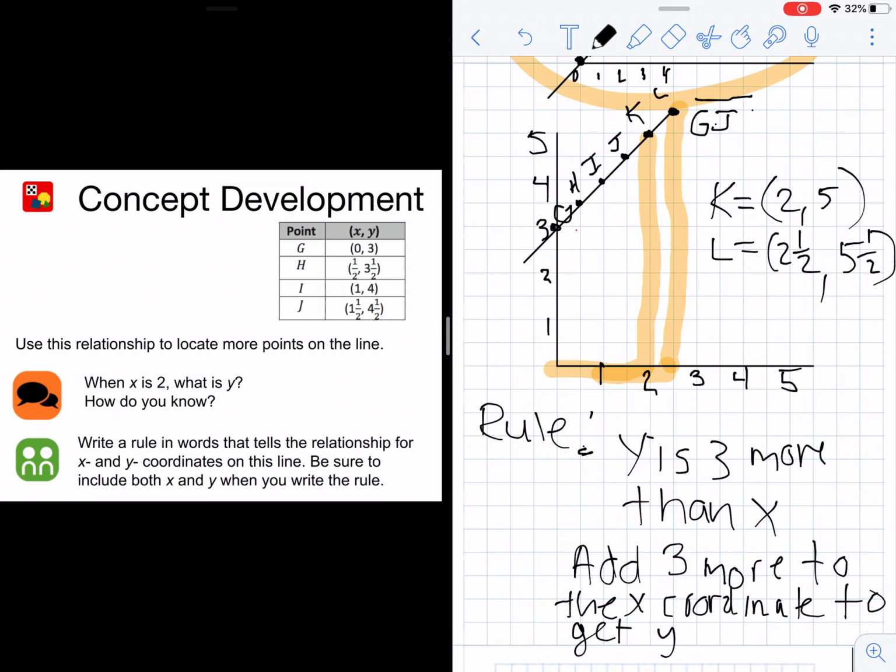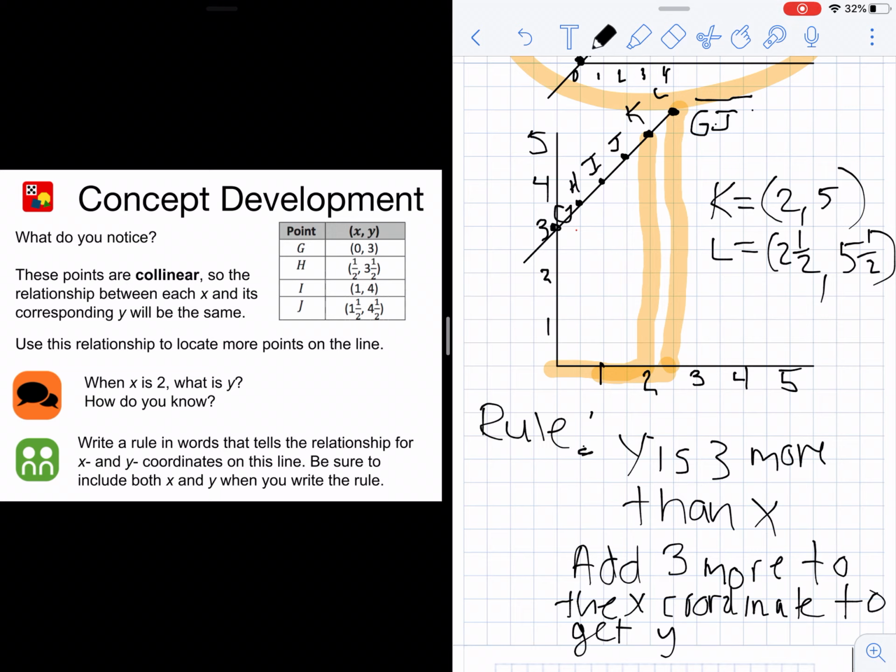Something like that. Okay? Again, it talks about that word collinear there. Collinear means the relationship between each x and its corresponding y will be the same.